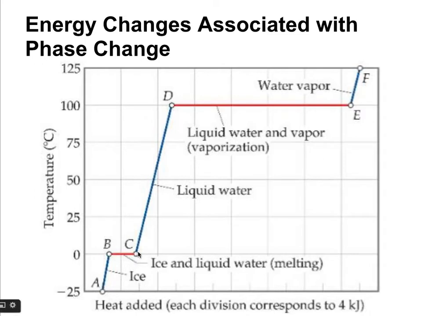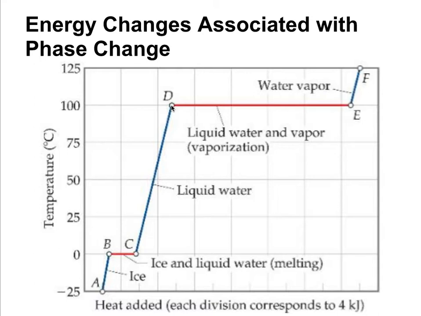While we are adding heat over this range from B to C, the energy that we're adding is pulling the molecules farther apart, which is the main difference between the solid and liquid state. So the temperature is going to stay constant until all of the solid ice has turned to liquid. Then we're going to add some more heat and raise the temperature of the liquid water until it gets to point D. That's 100 degrees Celsius, the boiling point of water.